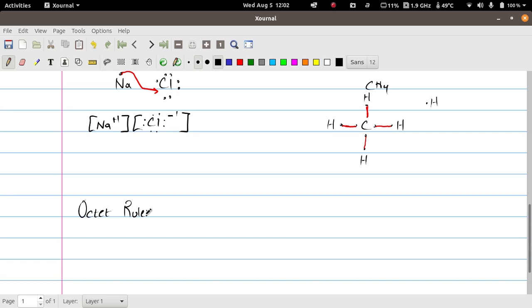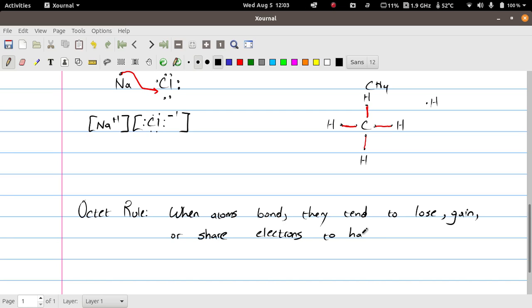And yes, there are plenty of exceptions, so I'm going to write that down. So, noble gases. That's the easiest way to think of it.